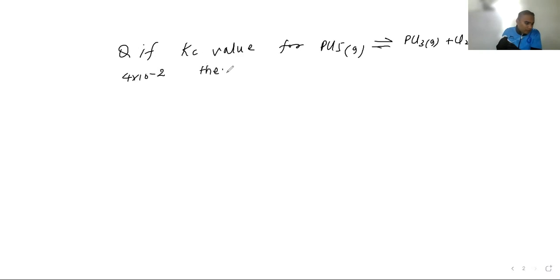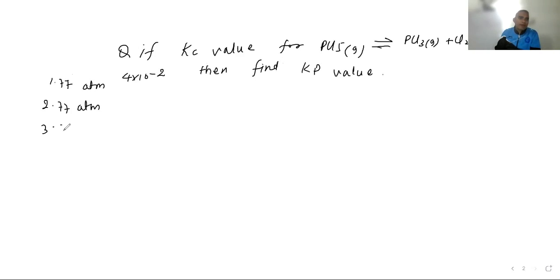Then find the Kp value. They are asking for the Kp value. The options they have given are 1.77 atm, 2.77 atm, 3.77 atm, and the last one is 4.77 atm.